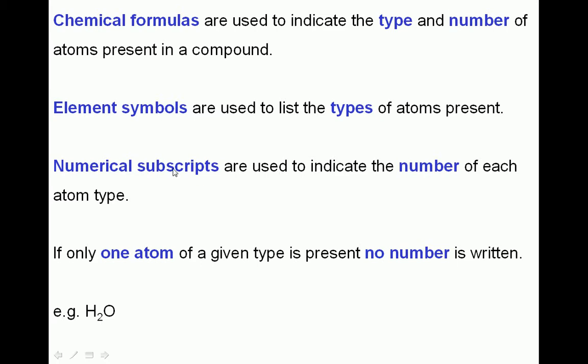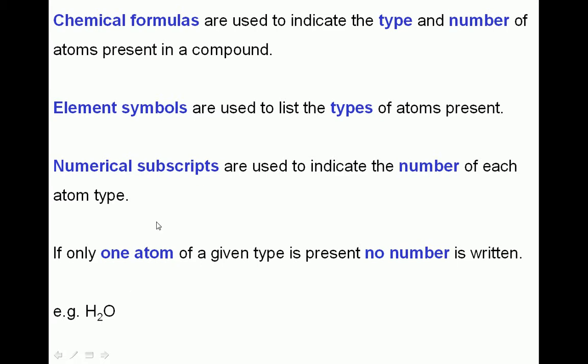So the final topic that we're going to talk about is how we can use chemical formulas to indicate the type and number of atoms present in a compound. When we write a chemical formula, we use element symbols to list the types of atoms present. For every atom type present, we write down the element symbol one after the other. We then add what are called numerical subscripts to indicate the number of each atom type.